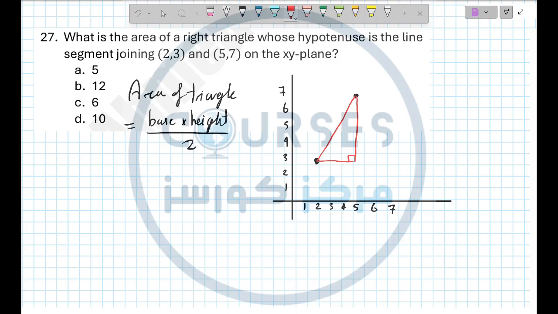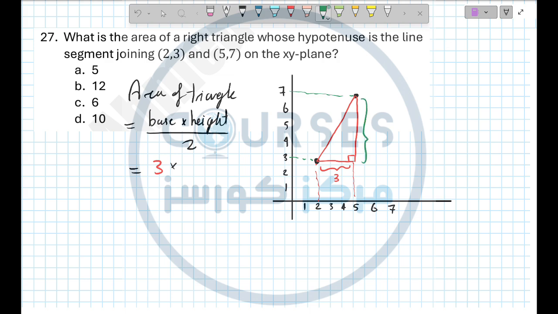Okay, what is the base in here? The base in here, we just need to go here. This is 2 and this is 5. So this piece is 3, 5 minus 2. So the base here is 3 times the height. Do it from here. This is 3 and this is 7.